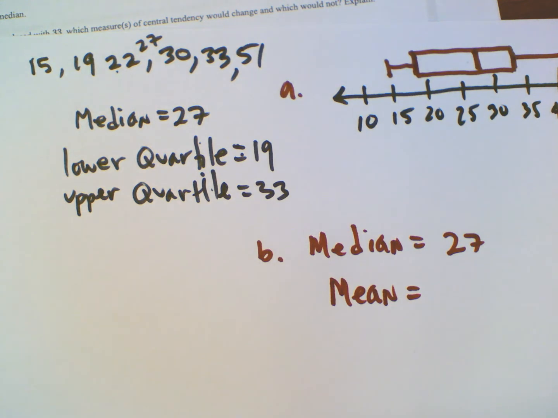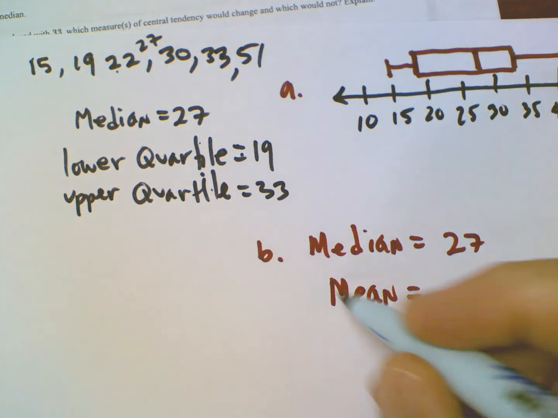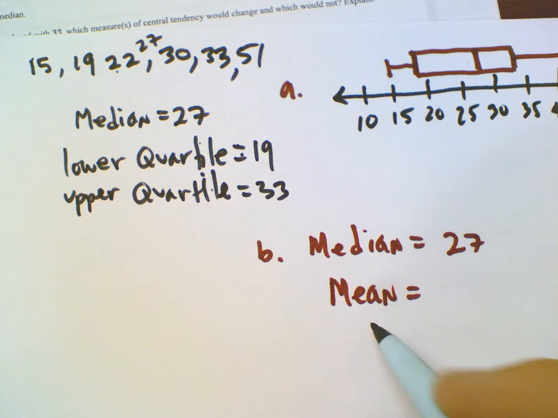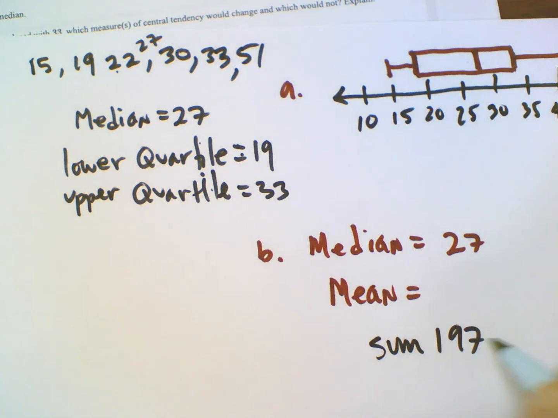I'm going to say 15 plus 19 plus 22 plus 27 plus 30 plus 33 plus 51. And that's going to give me 197. So adding all those up, the sum is 197.